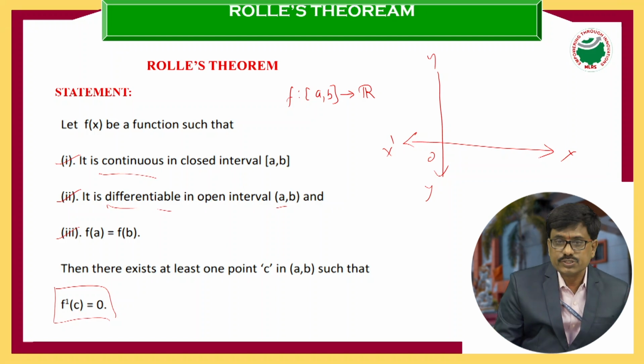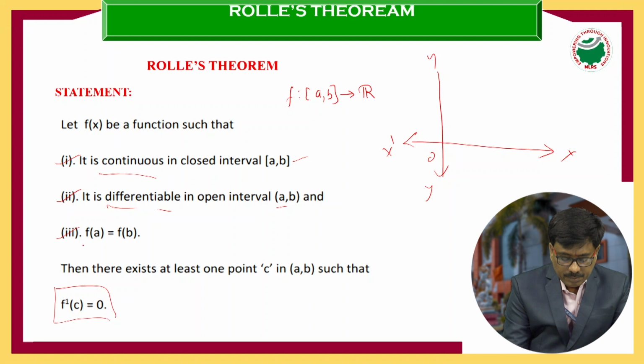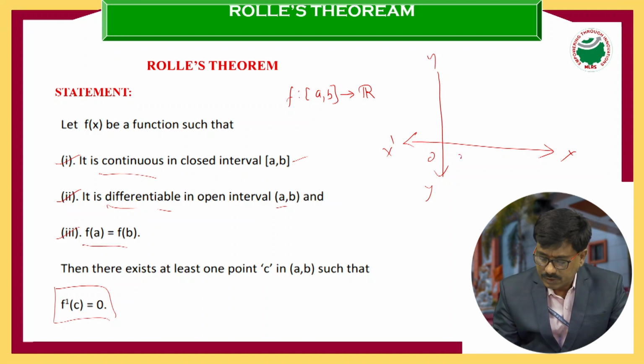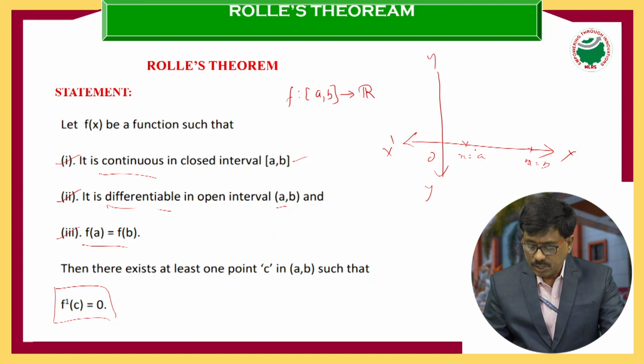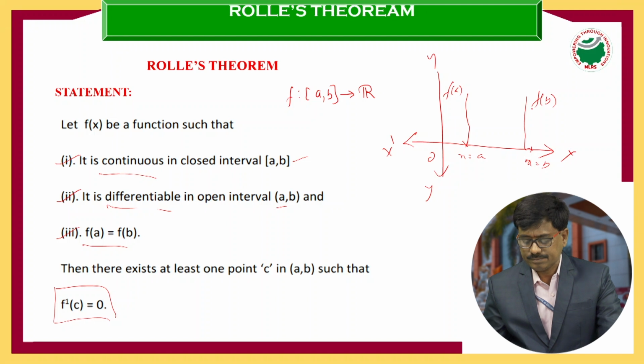Let us take a function which is continuous in the closed interval [a, b] and differentiable in the open interval (a, b), such that f(a) equals f(b). Take x equal to a and x equal to b on the x-axis. At these points, the values f(a) and f(b) are equal.